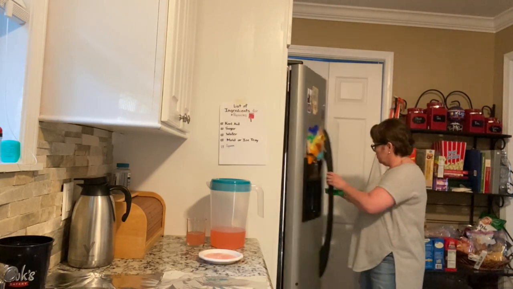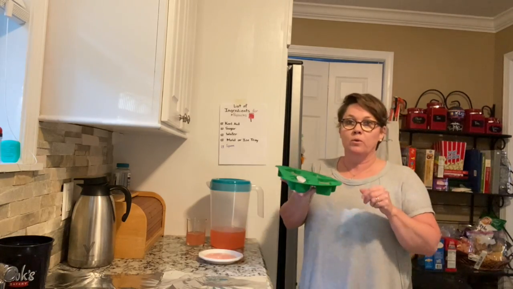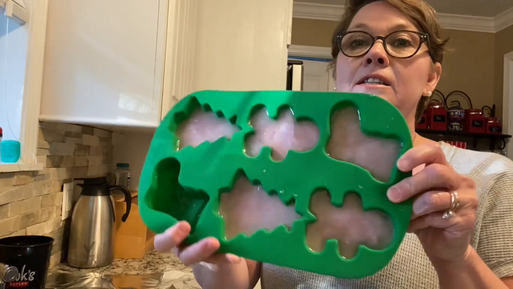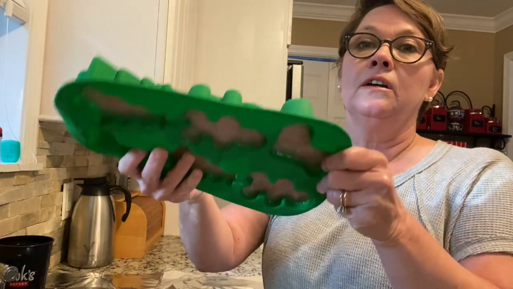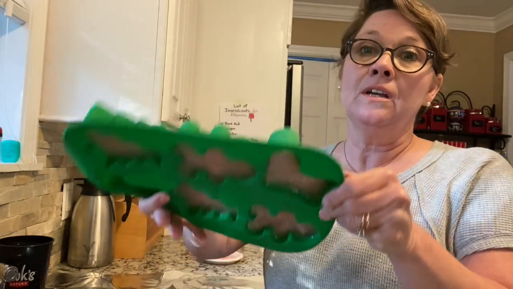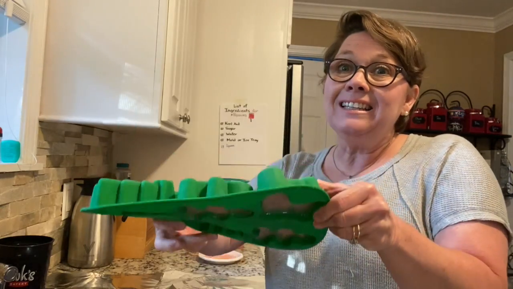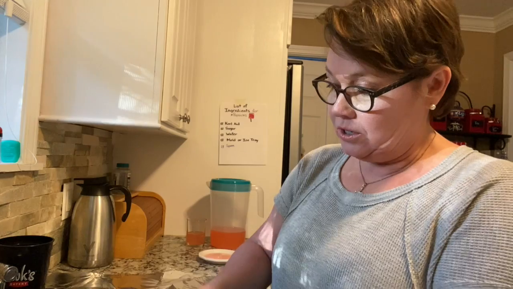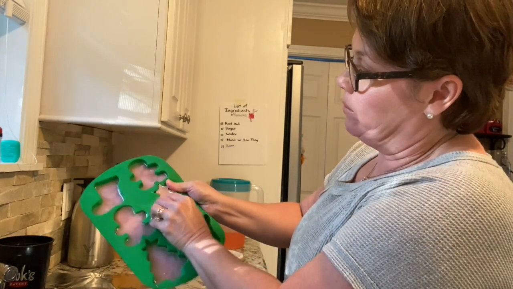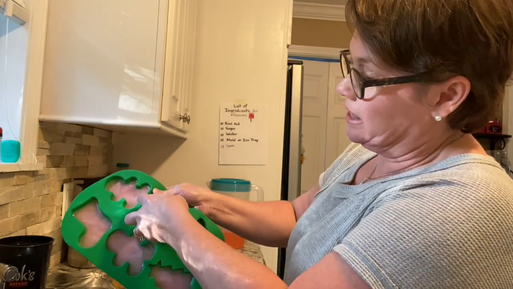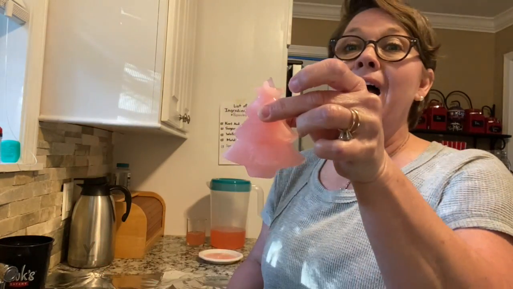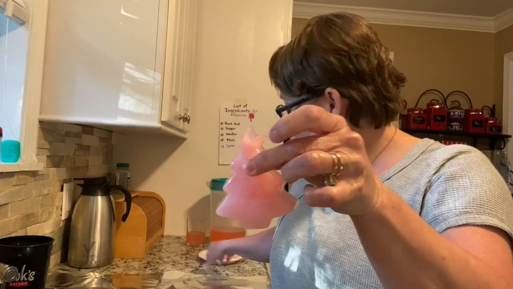So here are our popsicles. This is what they look like. Look, they're not pouring out, so they are not liquid anymore. So let's just pop one out and let you see how I'm doing this. Oh, look at that. Can you see that? Wow, look at that popsicle.